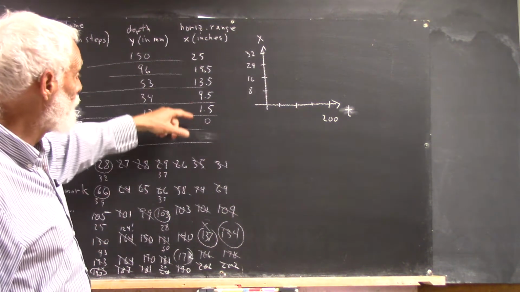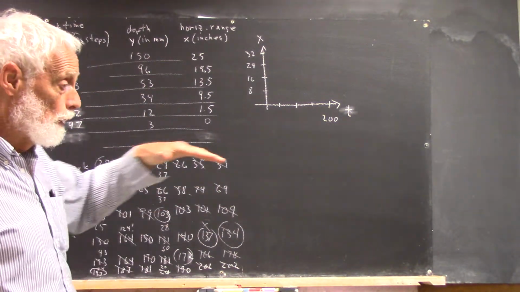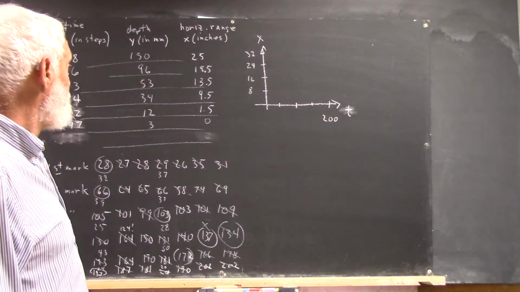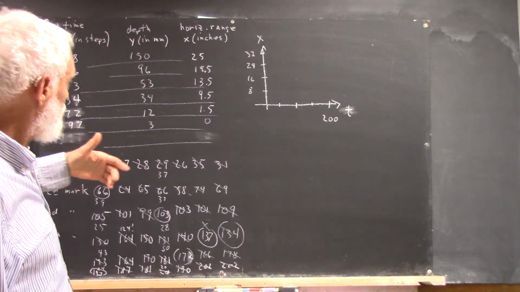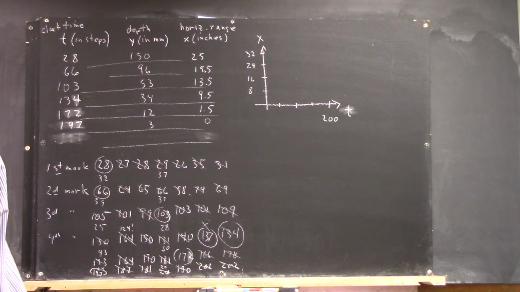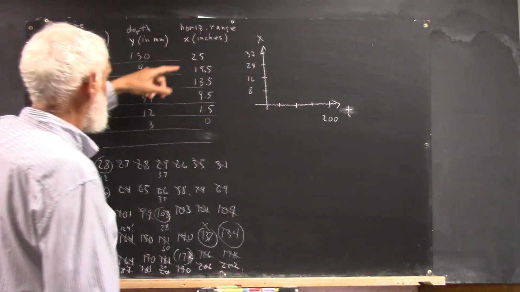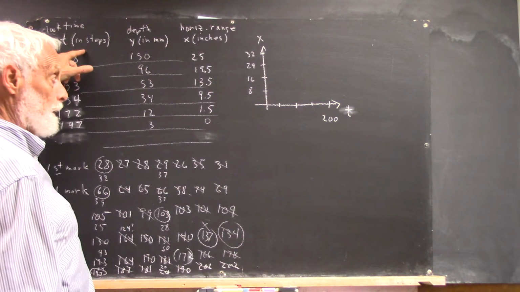And we have these horizontal ranges. Okay? Horizontal range is how far the water went out before it hit the ground. And what we're just looking at right now is the horizontal range versus time. Okay? So, horizontal range is in inches, times in steps.